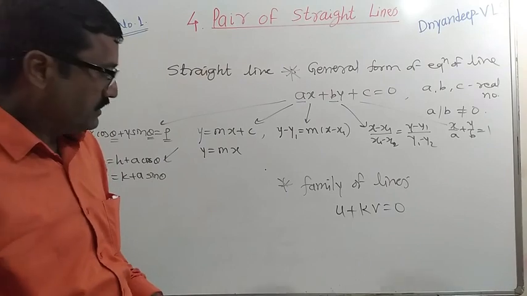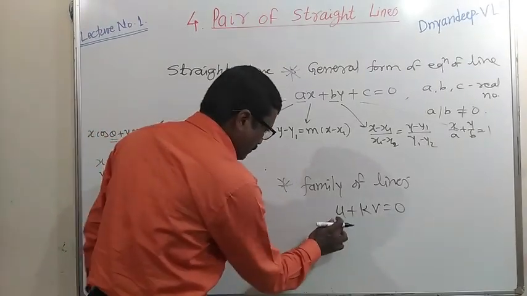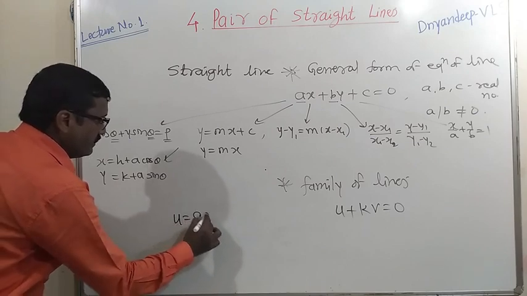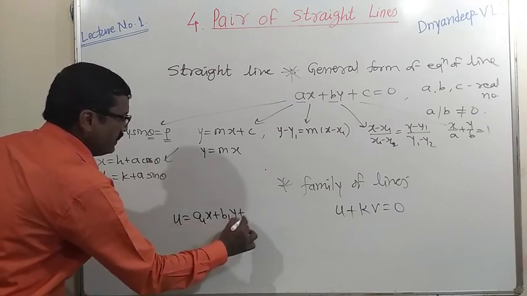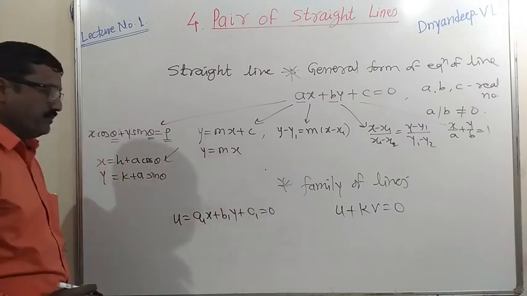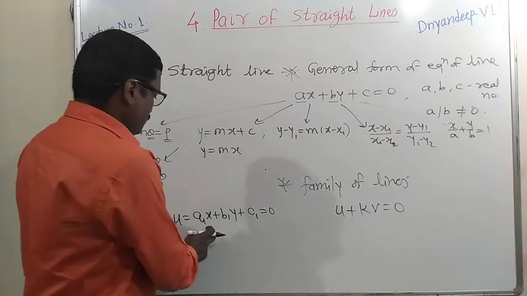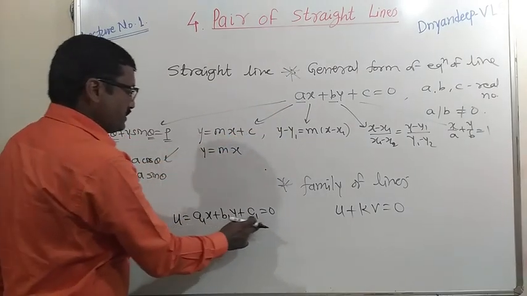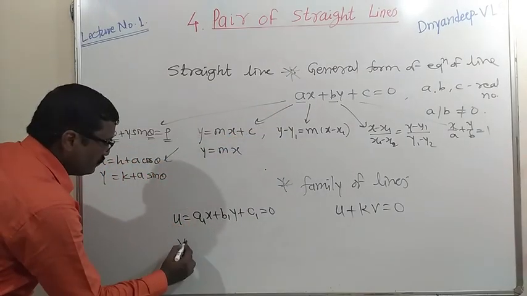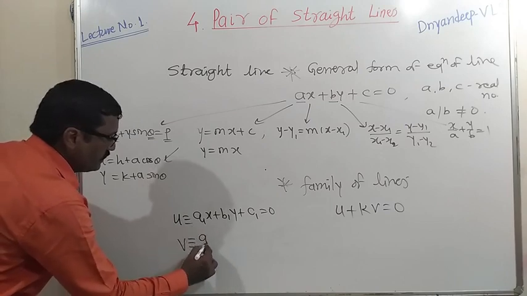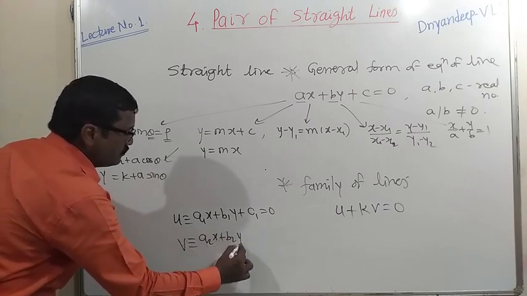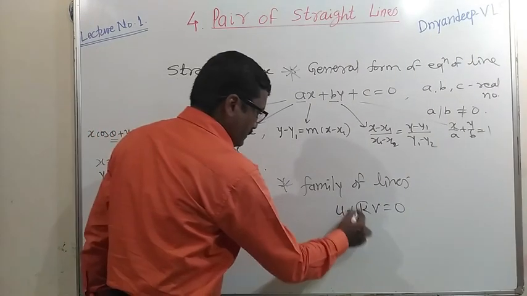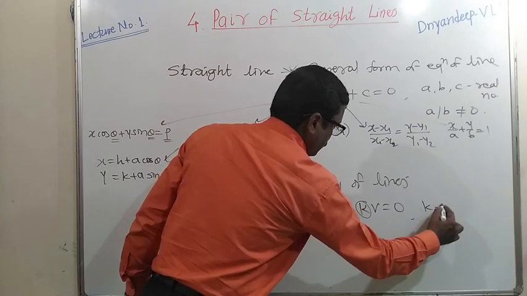In that form, this u is nothing but the equation of the first line, that is a1x plus b1y plus c1 equal to 0, similar to the general form of equation of line, and this v is nothing but a2x plus b2y plus c2 equal to 0. So this is u plus kv, where k is a real number.